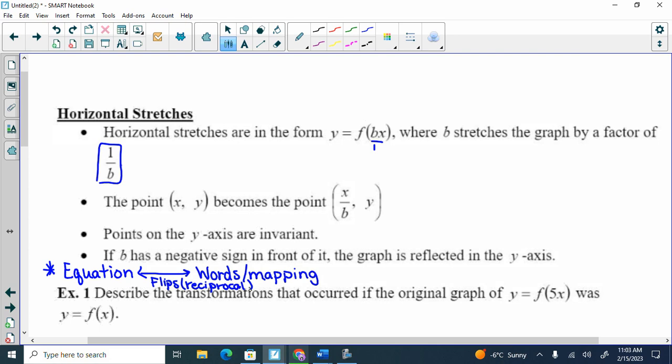So equation to words and mapping with translations, like horizontal translations, did the opposite. If it was x plus 3, I went 3 to the left. If it was x minus 3, I went 3 to the right. Horizontal stretches from equation towards a mapping flip, reciprocal.